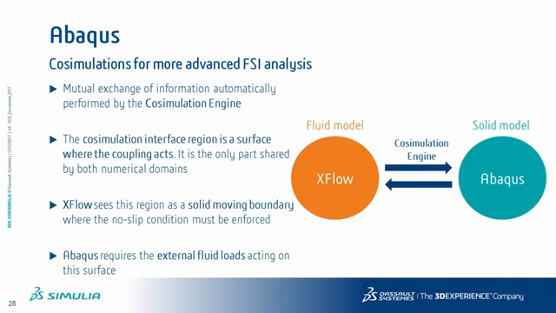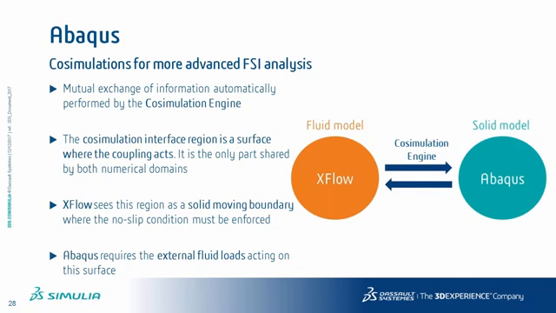Okay, let's go back to simulation after this small break on geometry handling, and let's go for probably my favorite cosimulation, that's integration with Abaqus. So now we are trying to do a two-way coupling between XFlow and a structure solver, and in this case we are indeed trying to do a full two-way coupling where we exchange not only forces on a local point but on a distribution on a surface.